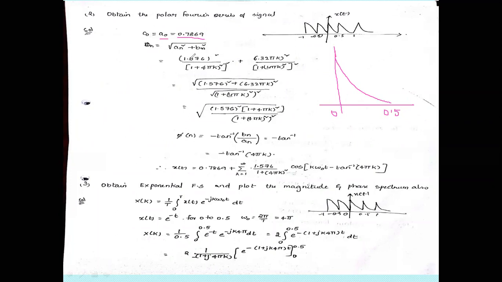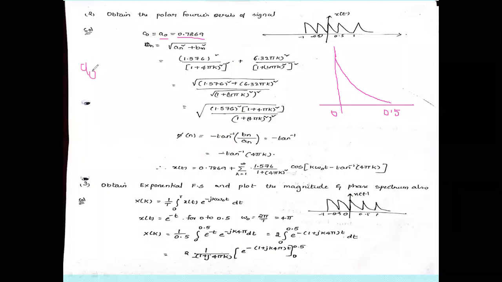An is equal to 1.576 by 1 plus 4 pi k whole square. Not the whole square, it is a whole square for the second term only. And Bn is equal to 6.32 pi k by 1 plus 4 pi k whole square. These are the 3 factors we got.